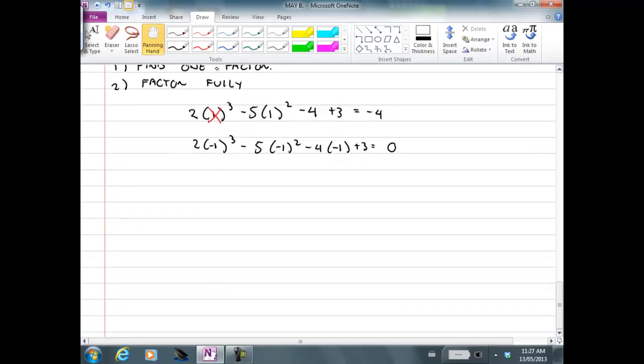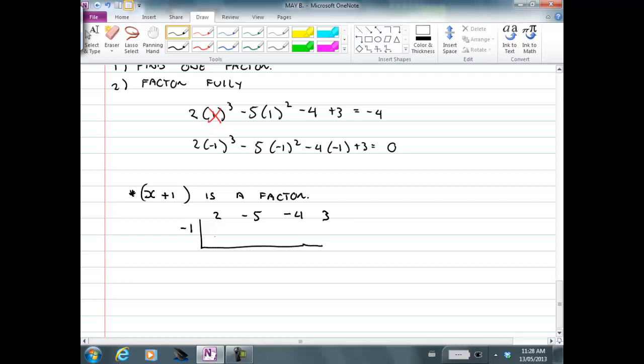The moment that works, you can write this down, star: x plus 1 is a factor. See, I didn't say x minus 1. Everything is reversed. Now, go ahead and apply synthetic division. -1, you have 2, -5, -4, 3.